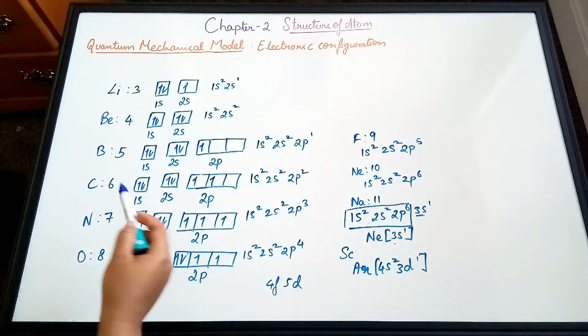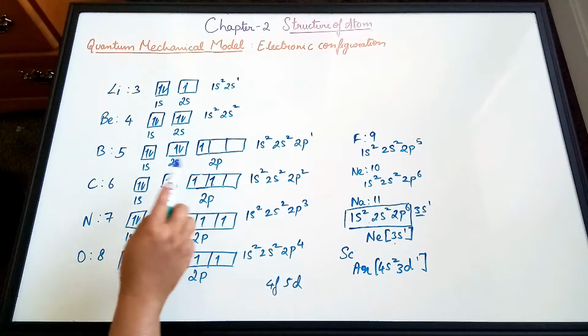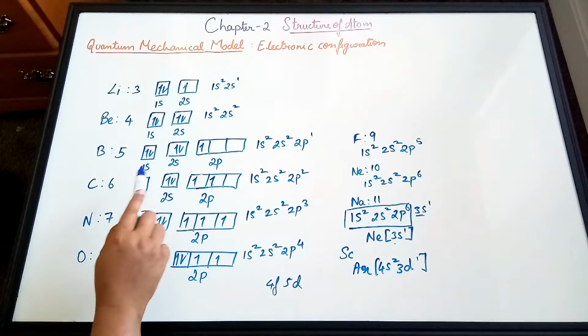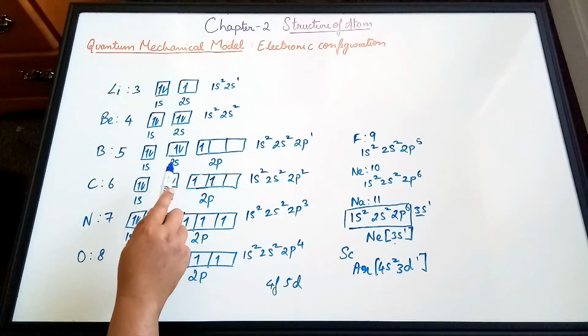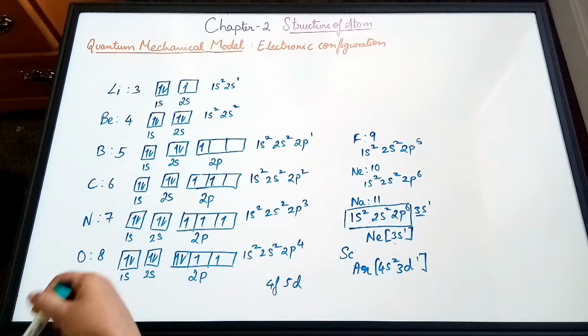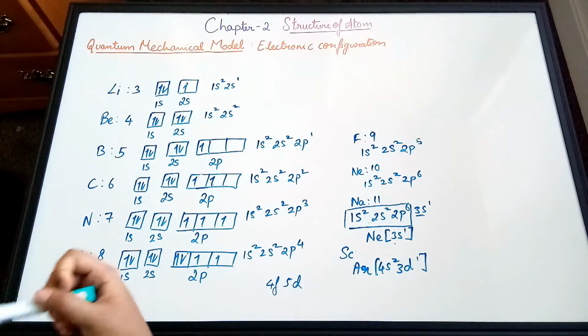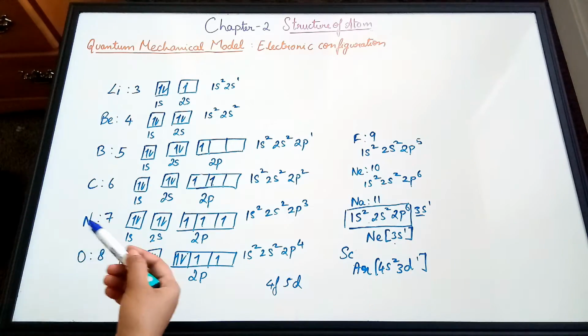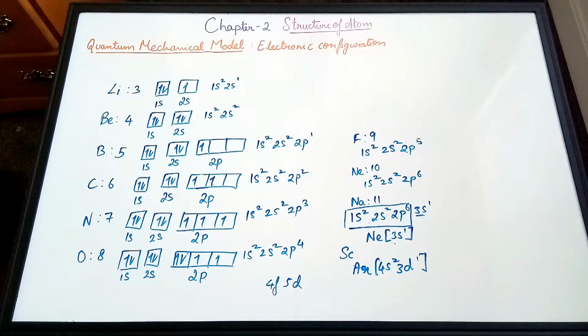So I can't just fill in 1s and then go to 2p and then 2s. No. So we'll be doing 1s, then 2s, and then 2p. That is very important, and if you find it difficult to do the electronic configuration, at the end of this lesson in the textbook, you have the electronic configuration of all the elements in the periodic table.